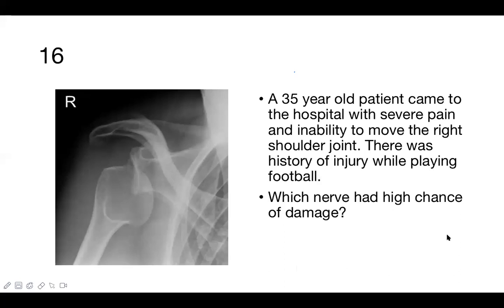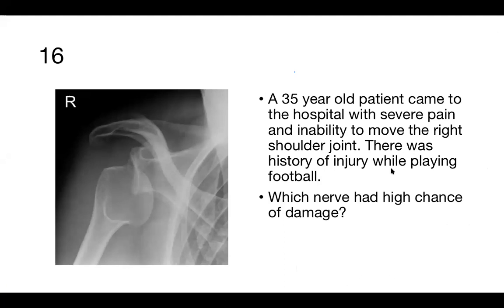Now, the axillary nerve mainly supplies two important muscles, teres minor and deltoid. Deltoid is the most important muscle there, and deltoid is responsible for abduction of the shoulder joint. And that particular rounded shape of our shoulder is also provided by deltoid.